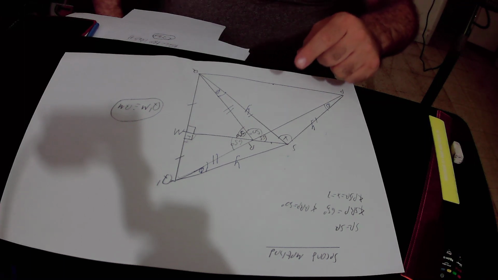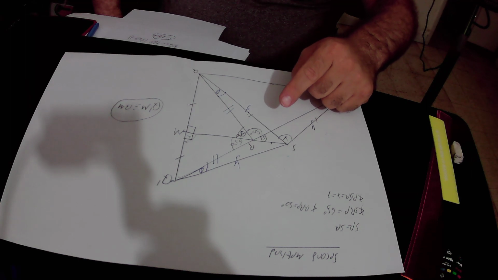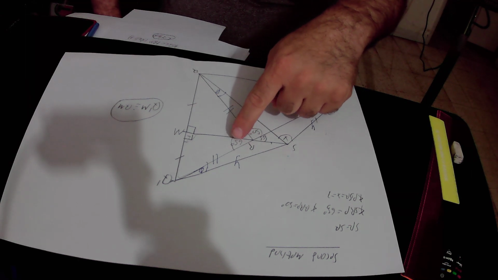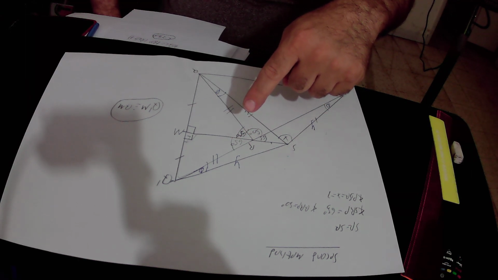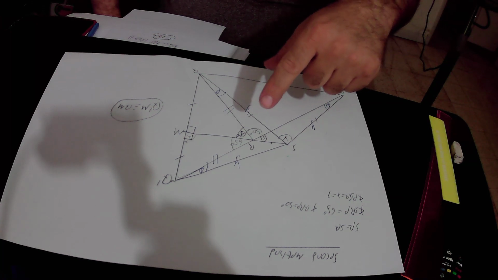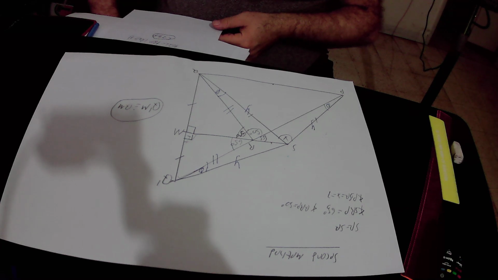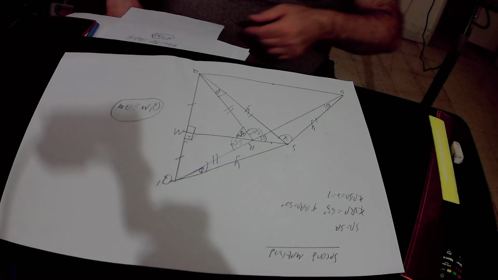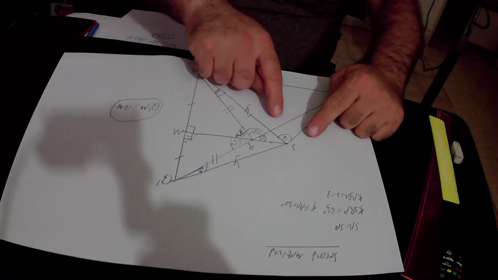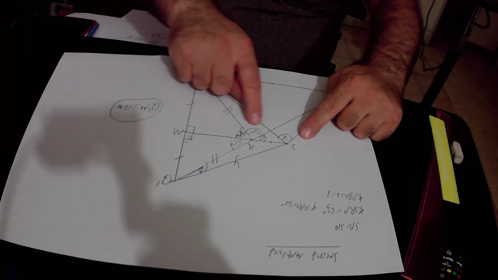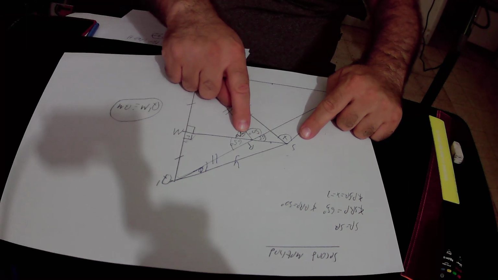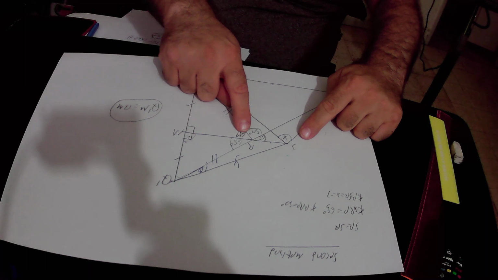Then we calculated the side. We know that SM is a straight line. We extended SR, which is one side of a quadrilateral, therefore it is a straight line.